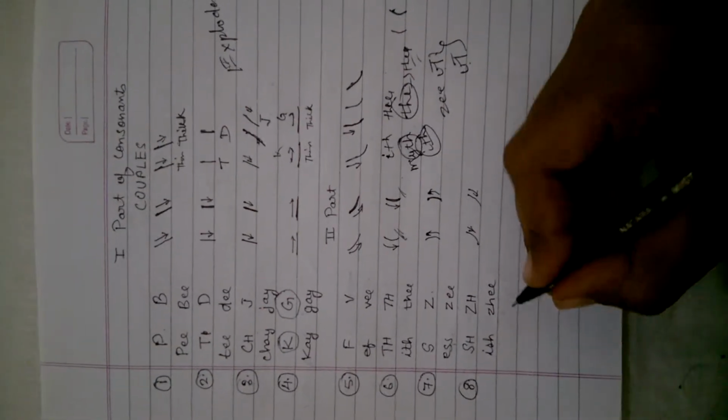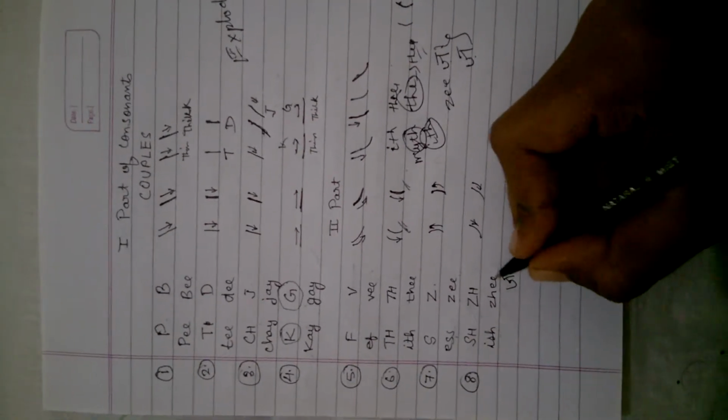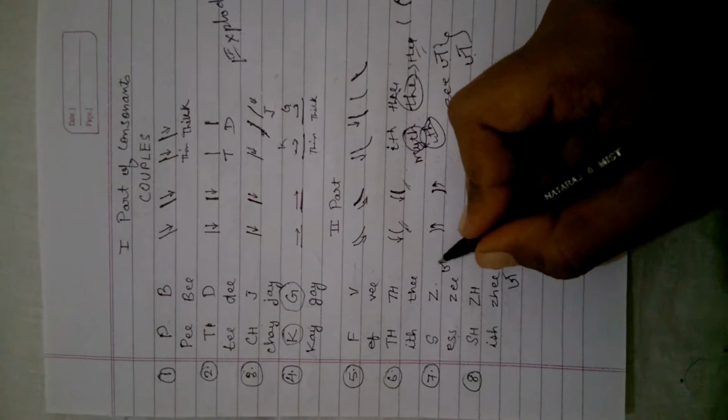For J we use this, and for Z we use this stroke. For S, a thin curve, and for Z it's a thick curve. Both are in downward direction.